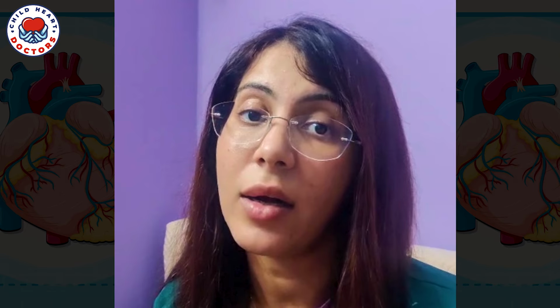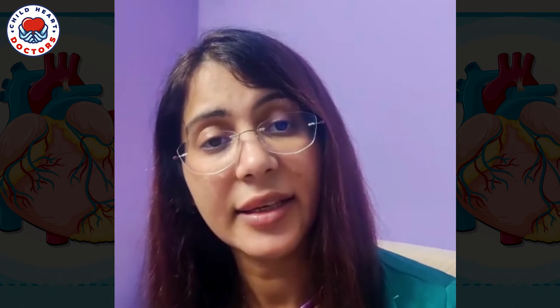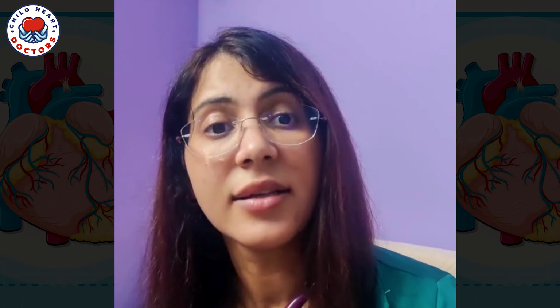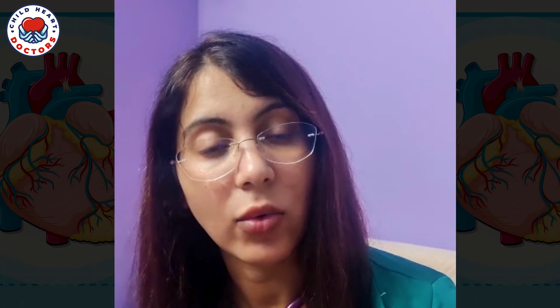Along with it, the pulmonary artery becomes very small. So with the large hole and a small pulmonary artery, very little blood goes to our lungs. That's why these children become blue. That is tetralogy of Fallot.